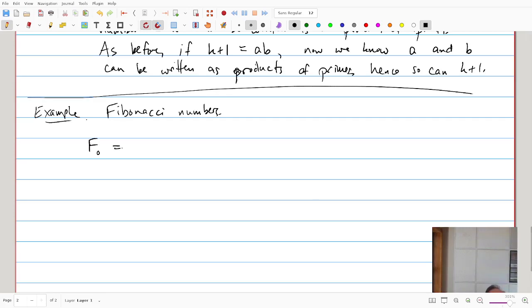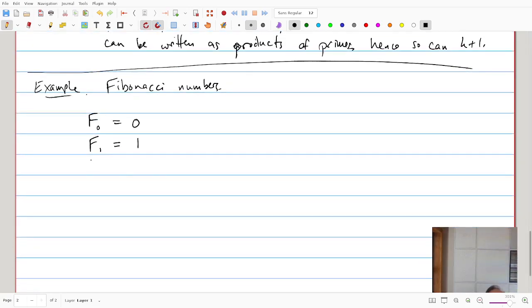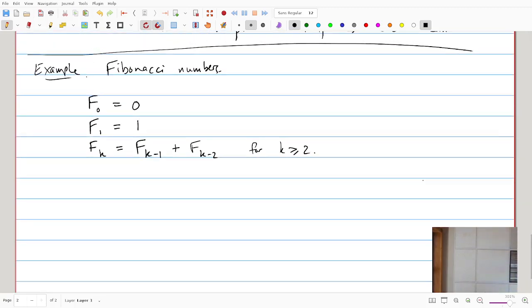F0 is 0, F1 is 1, and Fk is equal to the sum of the two previous numbers, Fk minus 1 plus Fk minus 2, for k greater than or equal to 2. In other words, we start with 0, 1, and then at each step we add the two previous numbers to get the next number.